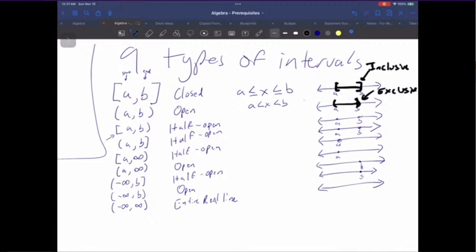For this one, we have a less than or equal to x less than b. For the next one, we have a less than x less than or equal to b.